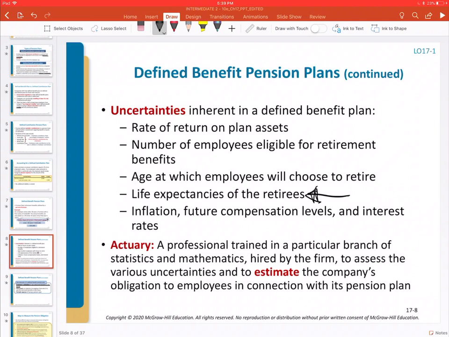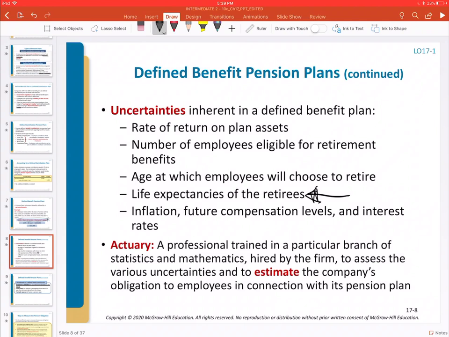Then we'll move on to something called plan assets. Plan assets are very simply a set of funds that the company sets aside, basically earmarking those funds to say, this is the money that we are going to use to pay these retirement benefits.